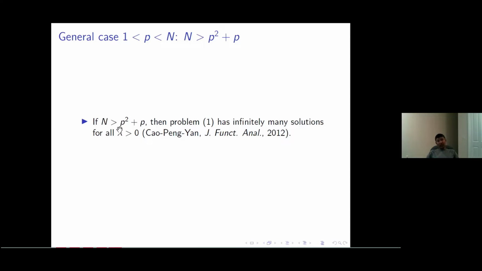Notice that when p is equal to 2, p squared plus p is 6. So this is saying that if n is bigger than or equal to 7, then you have infinitely many solutions for all positive lambda. So this corresponds to the result of Devillanova and Solimini for p equal to 2.